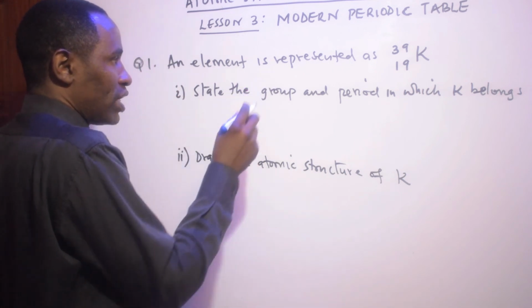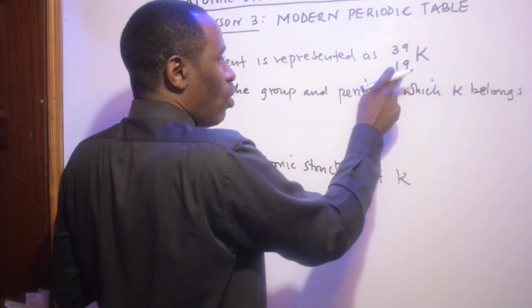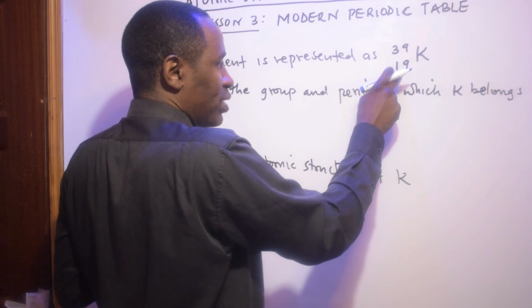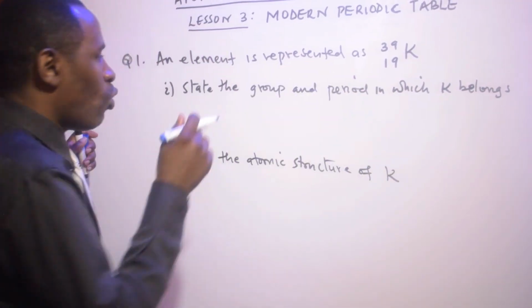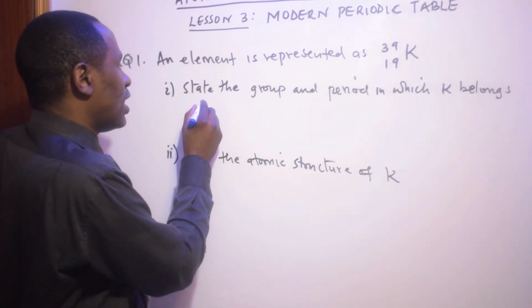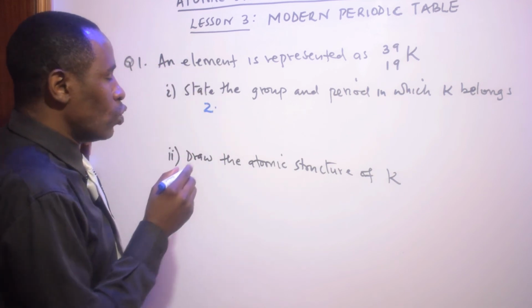Now, the number of electrons in an atom equals the number of protons, and the number of protons is equal to the atomic number. Therefore, the number of electrons here is 19. Therefore, what will be the electron configuration? Of course, the first energy level holds 2 electrons, so I'm going to have 2.